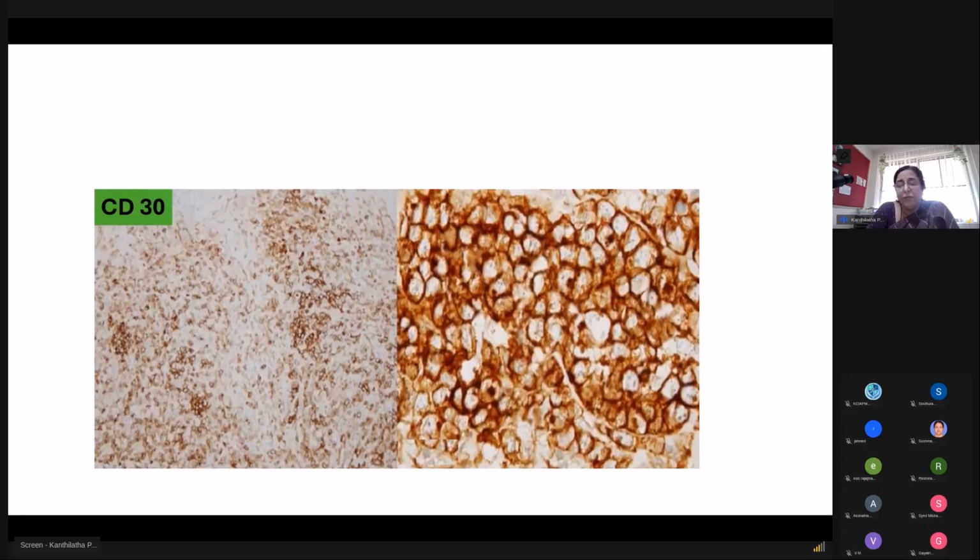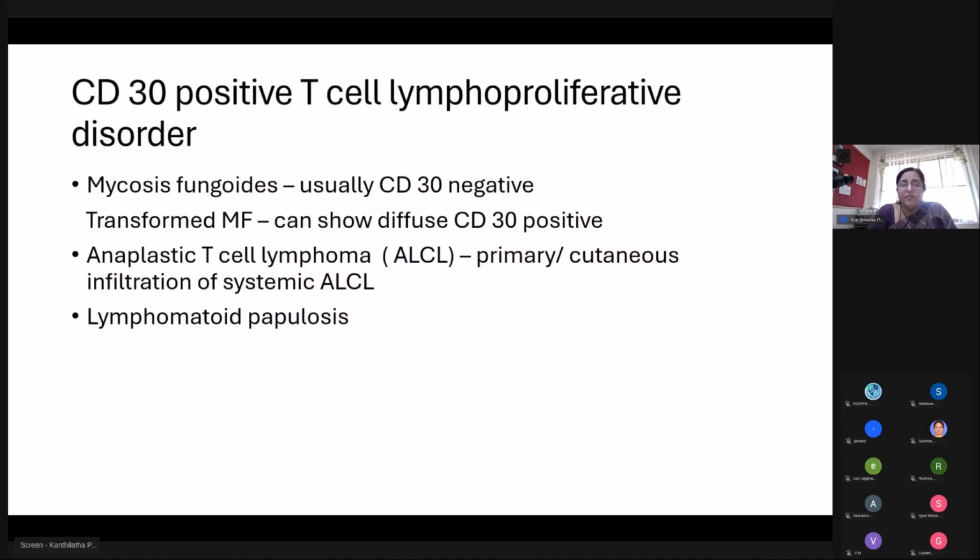However, in this case, lymphomatoid papulosis is unlikely because it's an older patient and there's no history of spontaneous regression in the past. So now with the CD30 positive lymphoproliferative disorder, the differentials would be mycosis fungoides is usually CD30 negative, but a transformed MF can show diffuse CD30 positive.